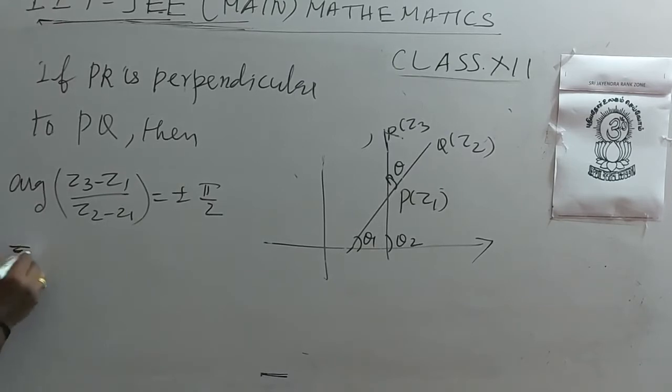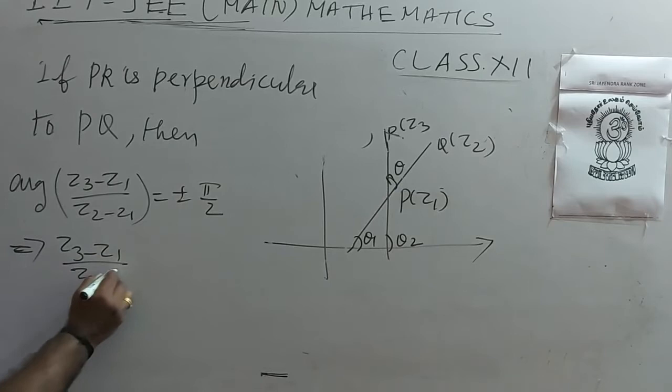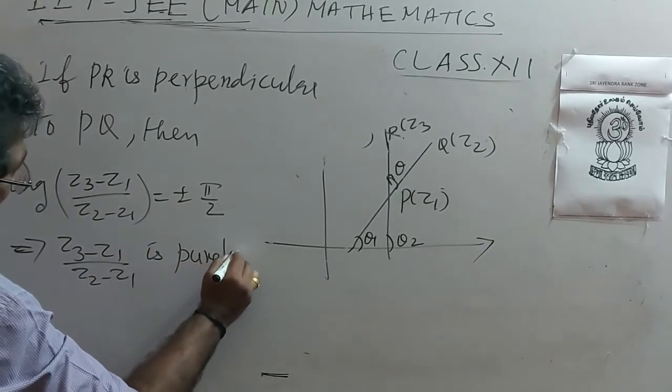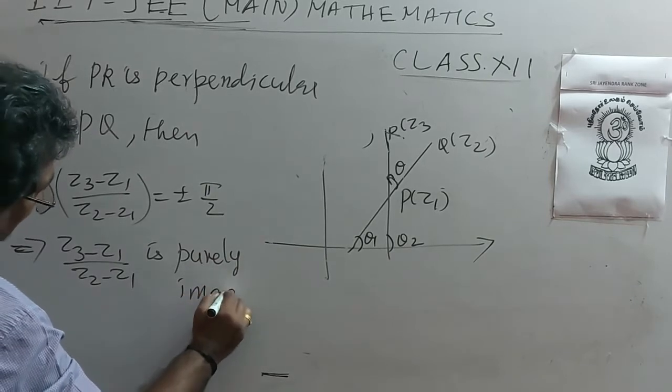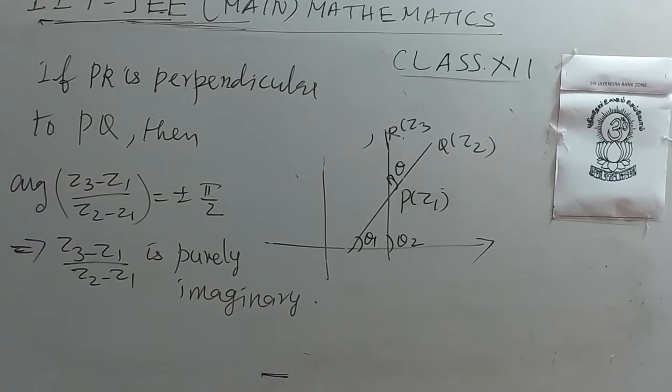Which implies Z3 minus Z1 by Z2 minus Z1 is purely imaginary.